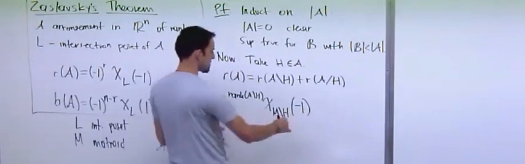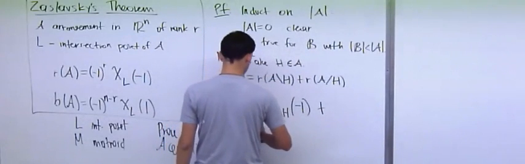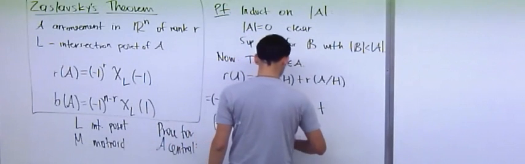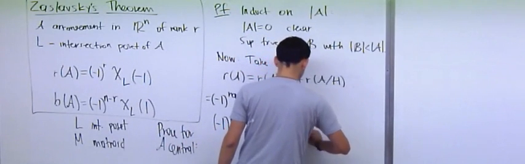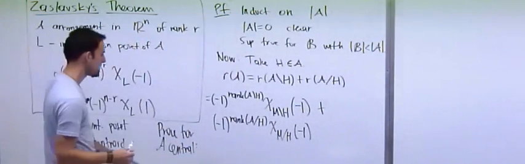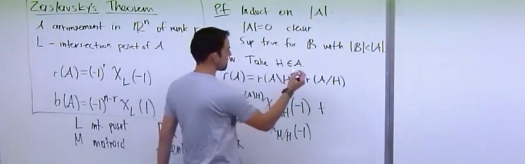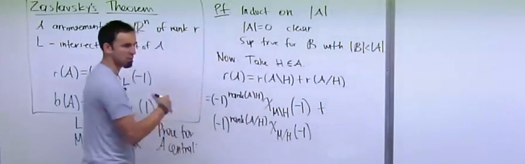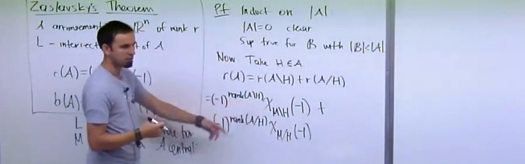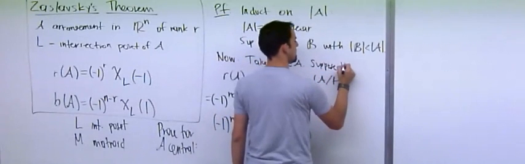But okay, so you apply the induction hypothesis to both of these arrangements. And then you remind yourself that the rank of the deletion of H is the same as the rank of A, as long as H is not a co-loop here. So let me first do it for H not a co-loop.